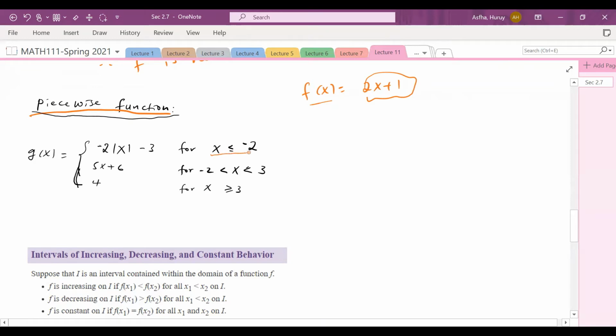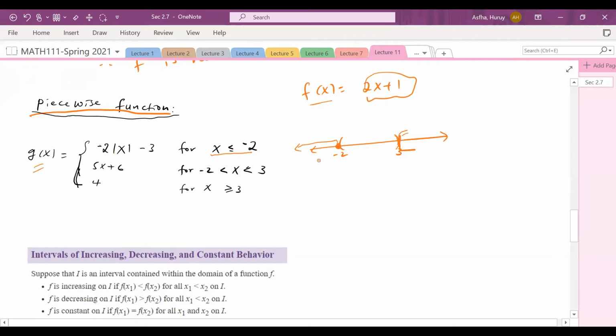One interval is all values up to -2, where -2 is included, so I will put a closed bracket. And then we have open parenthesis, up to 3. And then we have greater than 3 all the way to the right. So we have these 3 intervals. This is the domain of the function g.